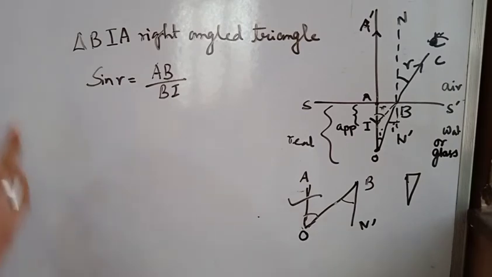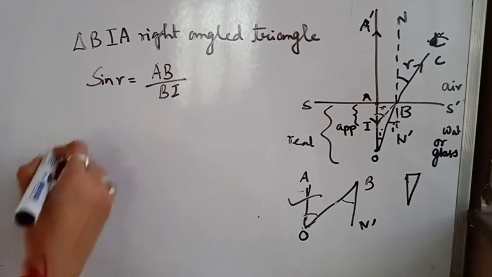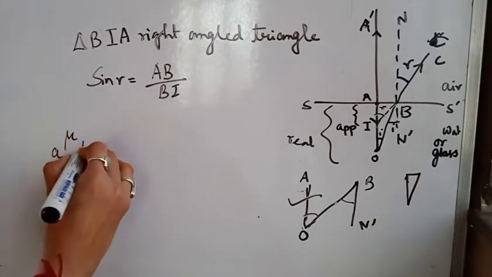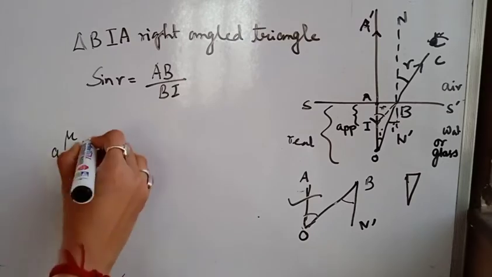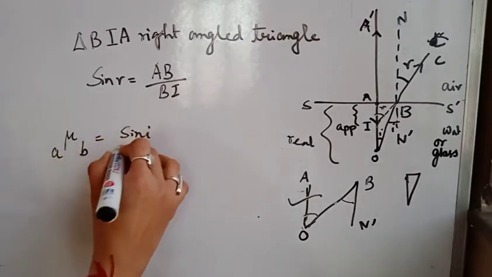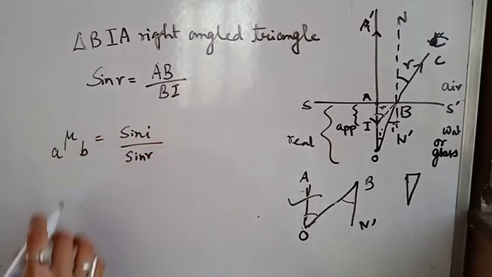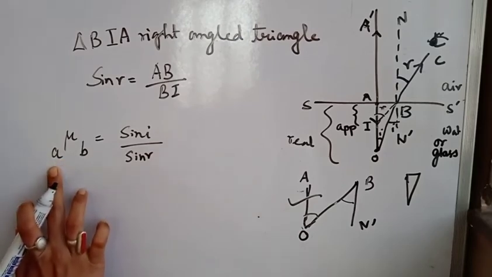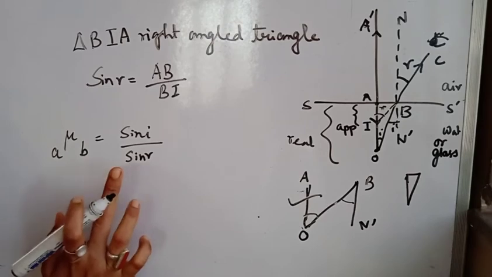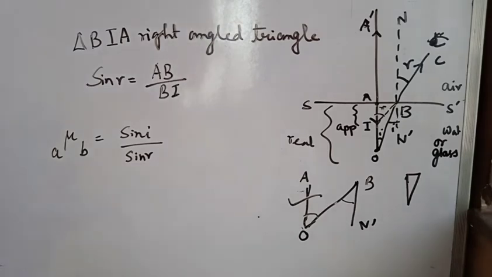So what will be the refractive index in this case? The refractive index from A to B, where we take the first medium as A and the second medium as B, we can write as sine i by sine r. The refractive index of the second medium with respect to the first medium is this sine i by sine r.